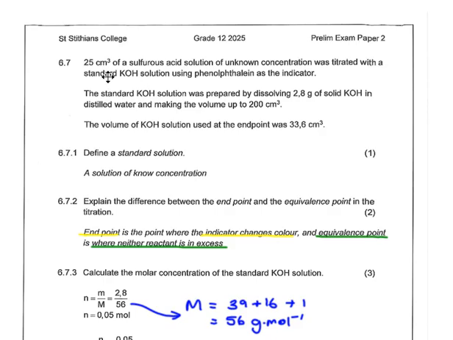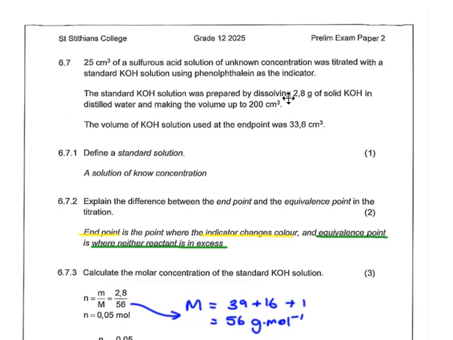Remember, standard solution, we know the concentration of that solution. Then they don't give us the concentration of the solution. They have given us the information that they used to make the standard solution. So the mass of the KOH was 2.8 grams, and they dissolved it in 200 centimeters cubed of water.